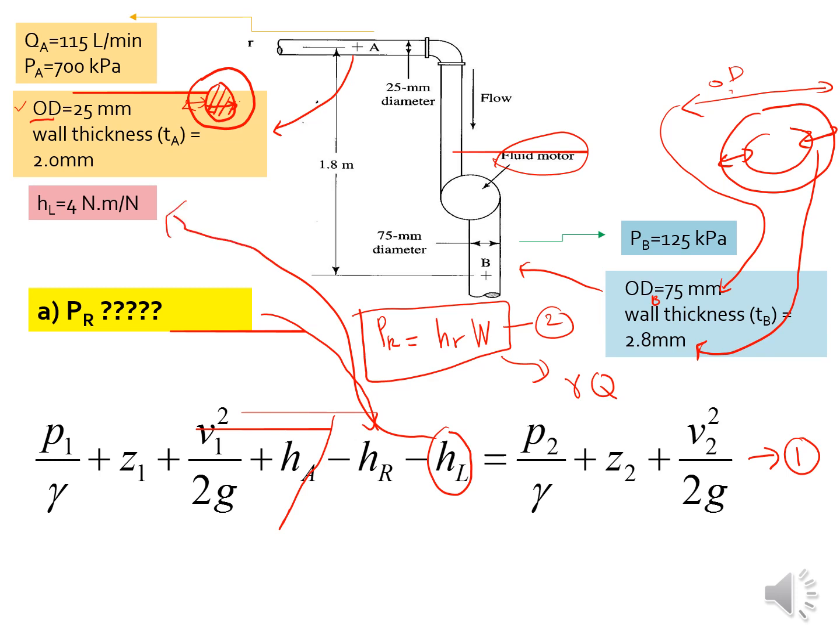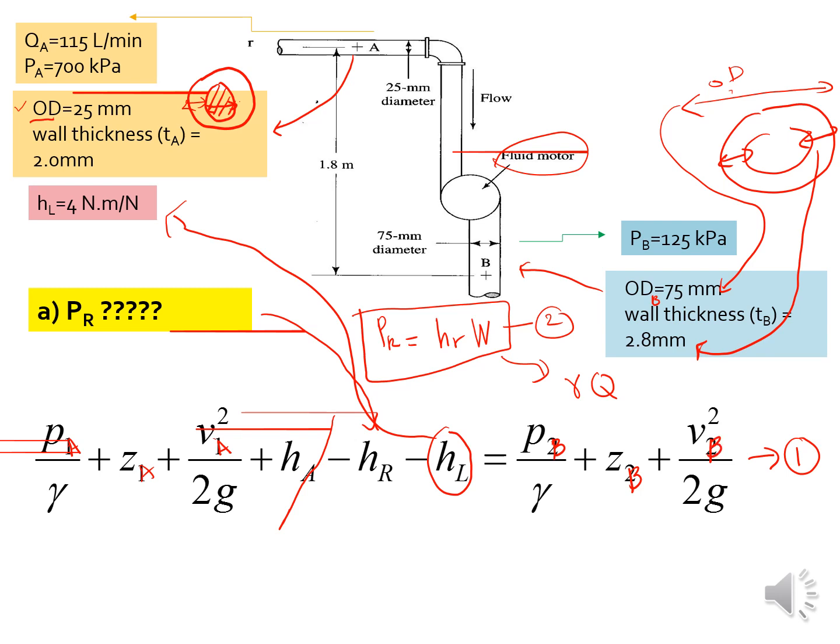All other information can be determined using the information provided here, in which QA can be used to determine VA and VB. Sorry, I should change the notation here: this will be PA, ZA, VA, and also PB, ZB, and VB.